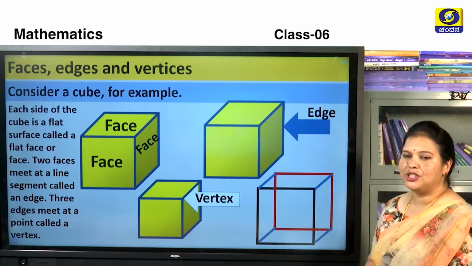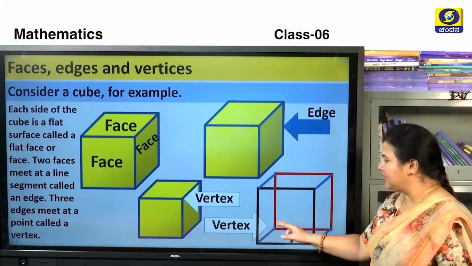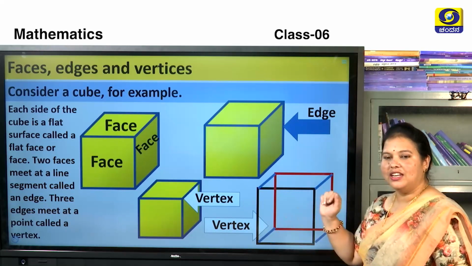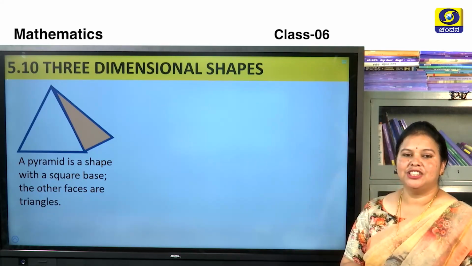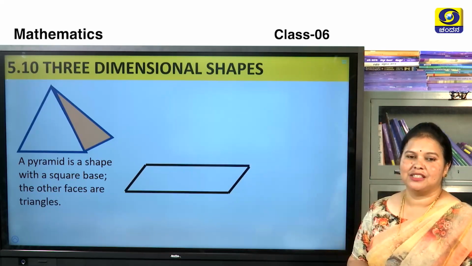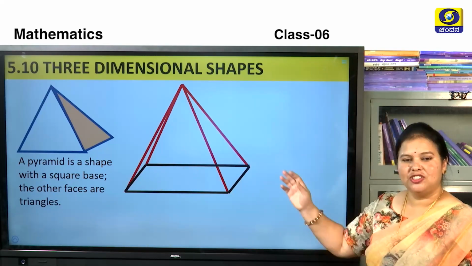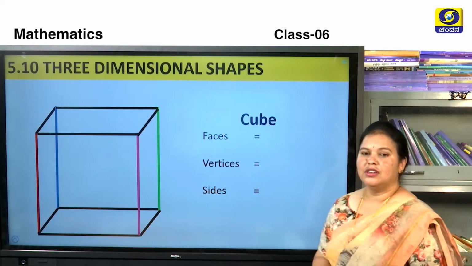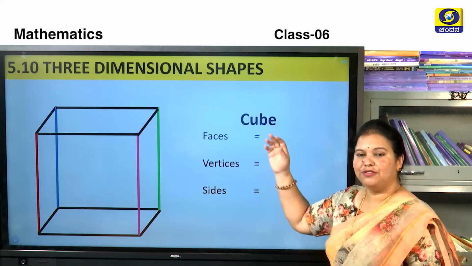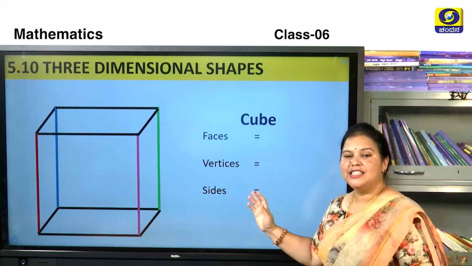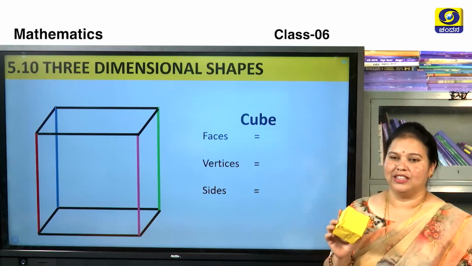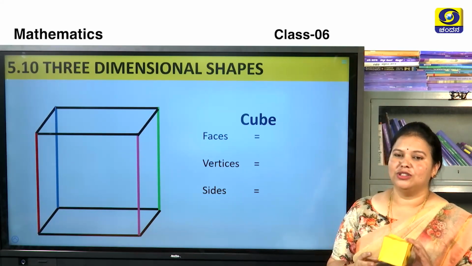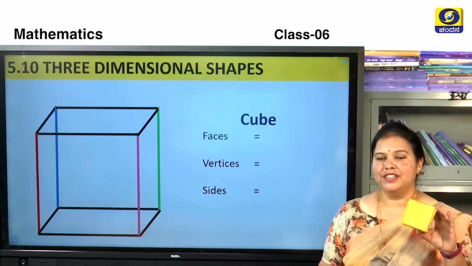So you can observe here, three edges meet at a point called a vertex. See, it's a pyramid. A pyramid is a shape with a square base and the other faces are triangles, isn't it? Now let us count the number of faces, vertices and sides of this cube using this cube model. Okay. First we'll count the faces. How many faces are there?